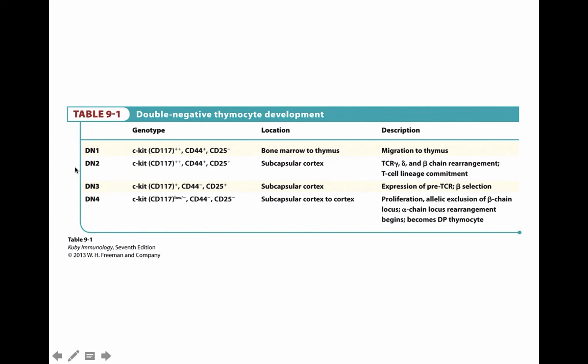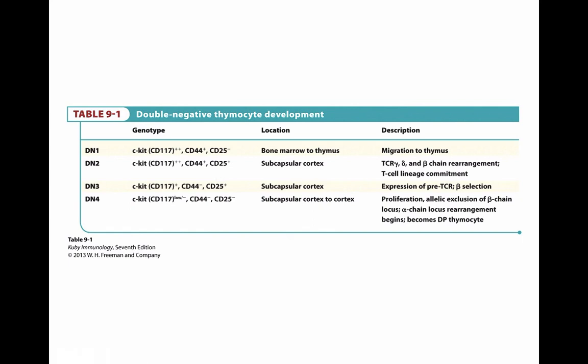Then you have the double negative cells, which have both the C-Kits, CD44s, and they've brought in a new player here, CD25. So they move into that subcapsular cortex, kind of underneath the very beginning of it. So then they are starting some of their gene rearrangements because the CD25 will interact with whatever triggers will bind to that.